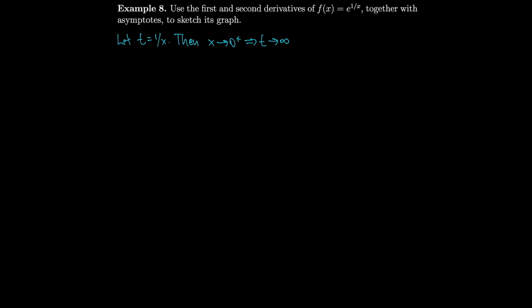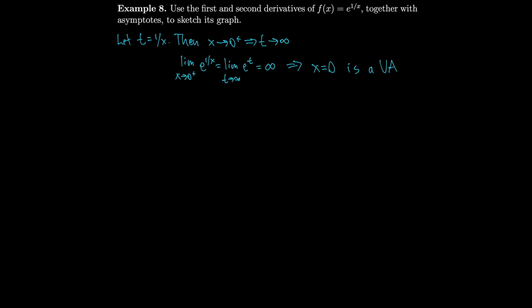So t gets really big. So now we can swap for our limit. As x goes to 0 from the right, e to the 1 over x is now the same as the limit as t goes to infinity of e to the t, which we already know is infinity. That's just e to a really big number, which is a really big number. Okay, so now we know that x equals 0 is a vertical asymptote. I'll write VA for short.